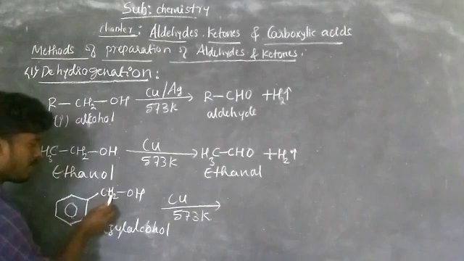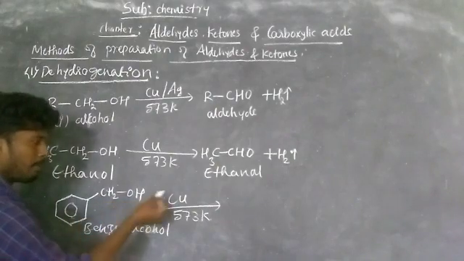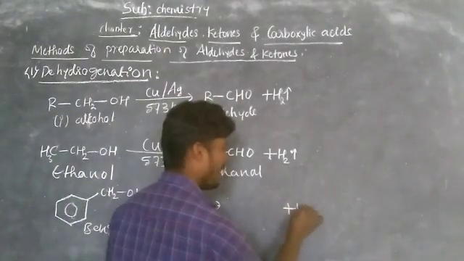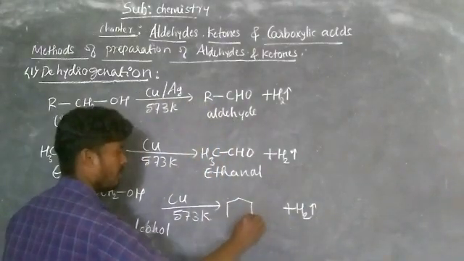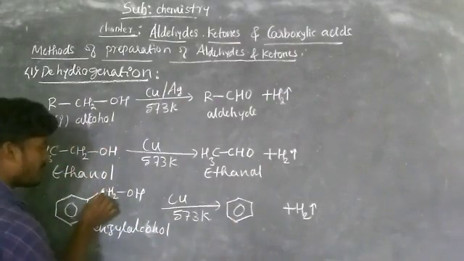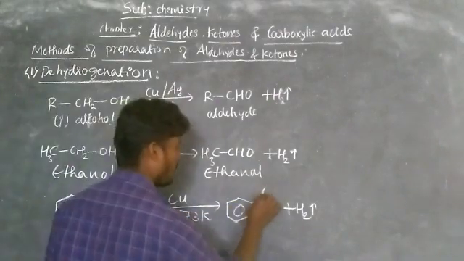Dehydrogenation takes place. One hydrogen from here and one from here become H2, and the remaining is benzene ring CHO.